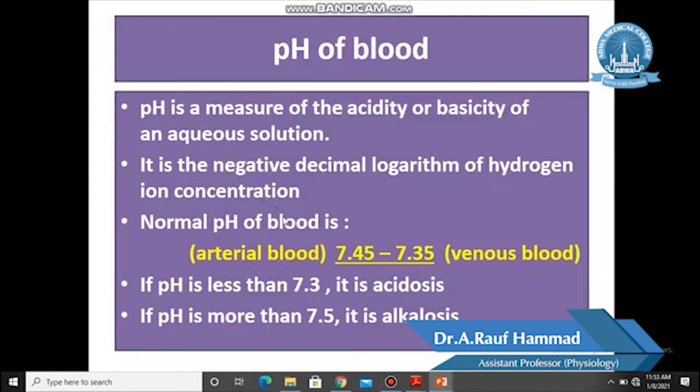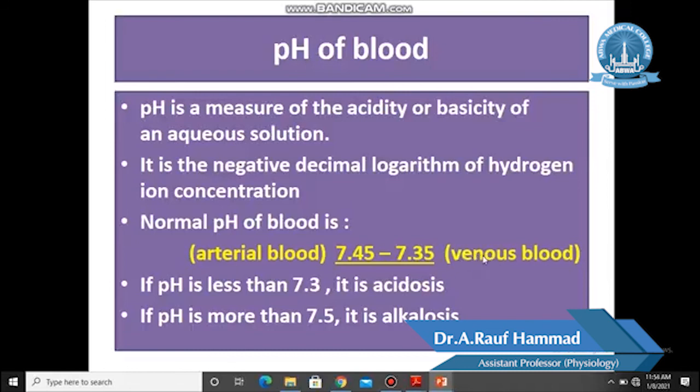And what is the normal pH of the blood? It is 7.4, but the normal range, the arterial normal range. Also arterial blood की pH कितनी है? That is 7.45, okay, and 7.35 is of the venous blood.